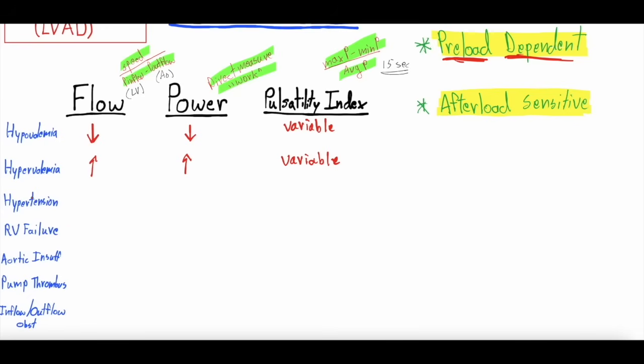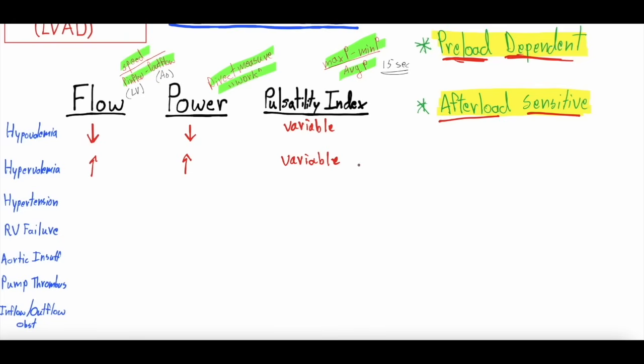What about hypertension or high blood pressure? Well, what did we say? We said that LVADs are also afterload sensitive. Afterload is kind of like the pressure the heart is squeezing against. So hypertension is going to increase the afterload.